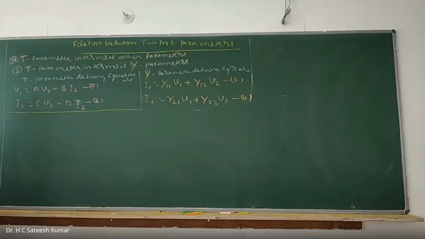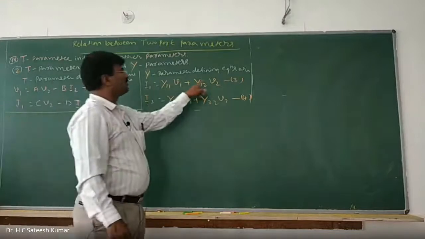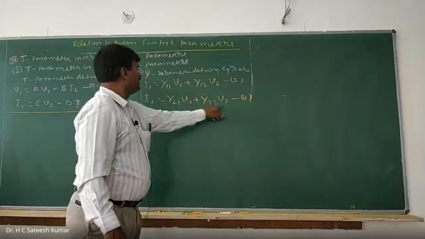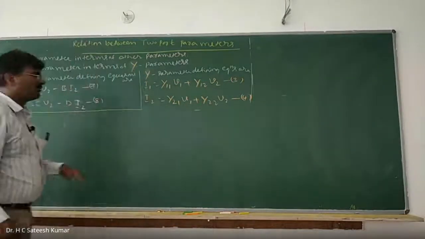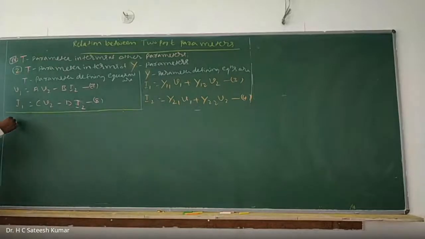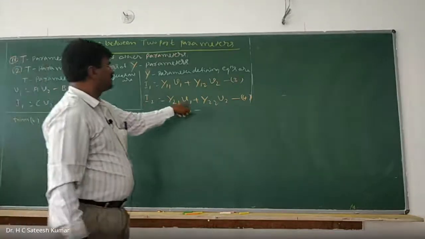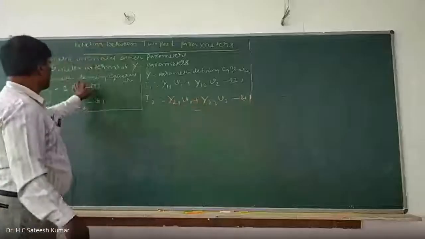So now shuffle. Now you see V1, V2, I1 is there in the third, and V1, V2, I2 is the fourth one. Shuffling the fourth one, from 4, what do we have? Fourth one, and compare with 7.